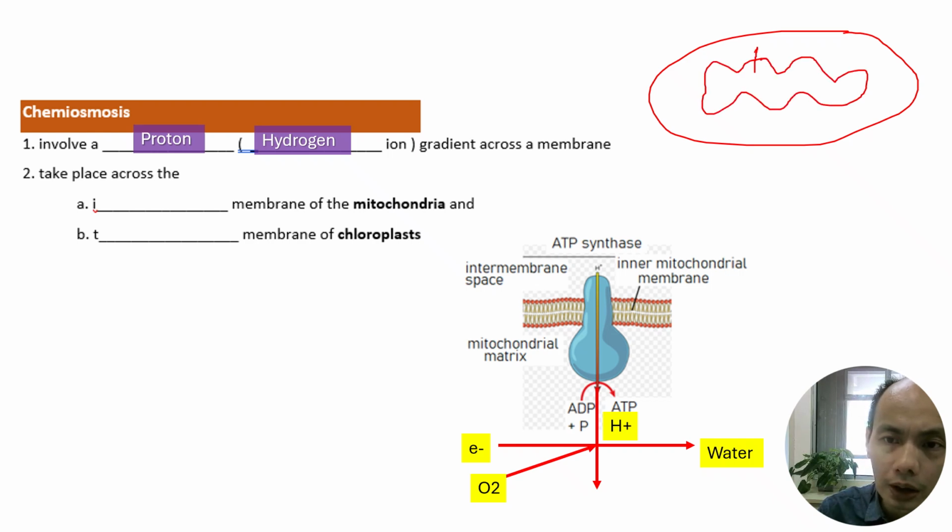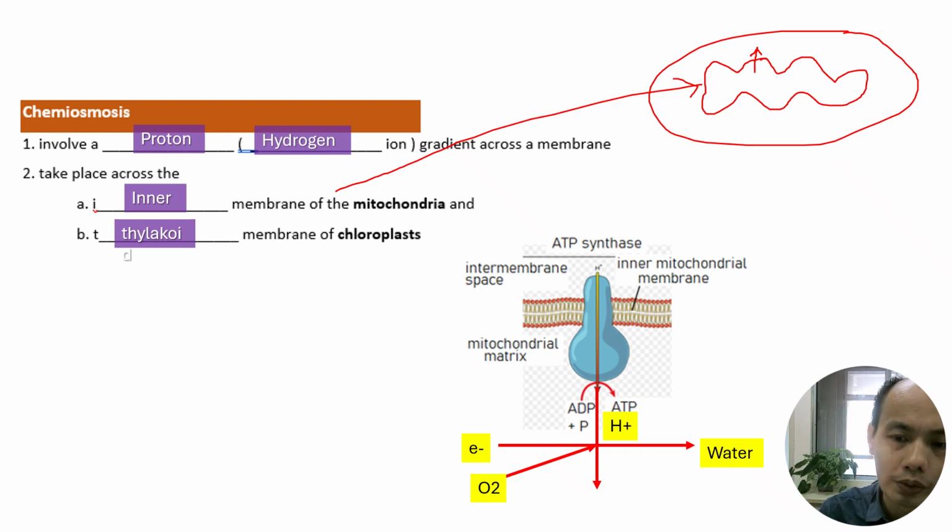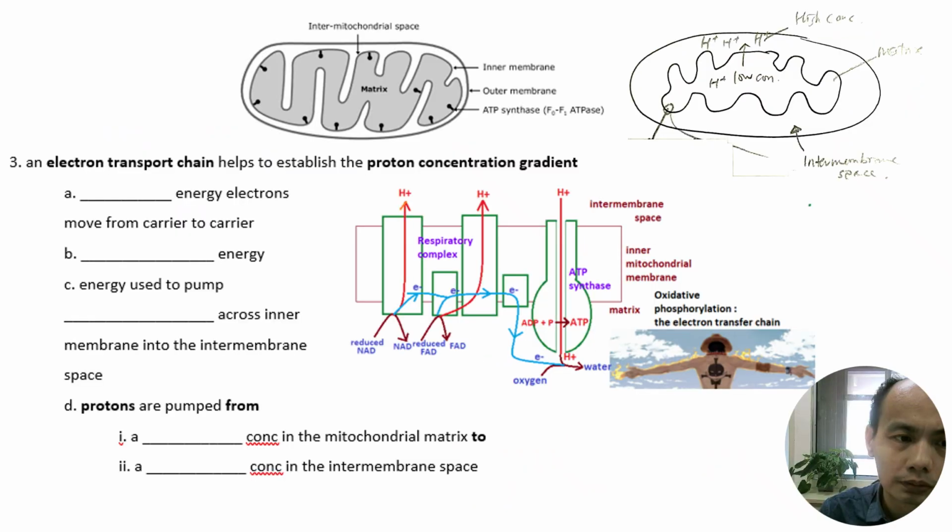Okay, so the proton, the hydrogen ion, passes through the inner membrane, from high concentration to low concentration, or from low concentration to high concentration, we will further discuss chemiosmosis. It takes place across the inner membrane of the mitochondria, and the thylakoid membrane of the chloroplast, the granum. So we will discuss that in the next chapter.